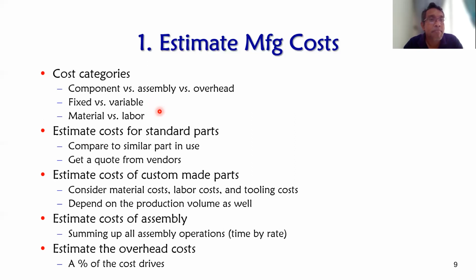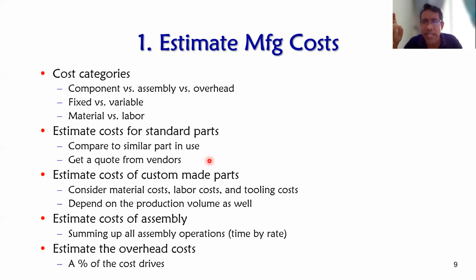And then, estimate the cost for the standard part. Normally we do a comparison to a similar part used in our production or our product. Normally when we design a new product, we already have products running in our production line, and some of those products use the standard part.